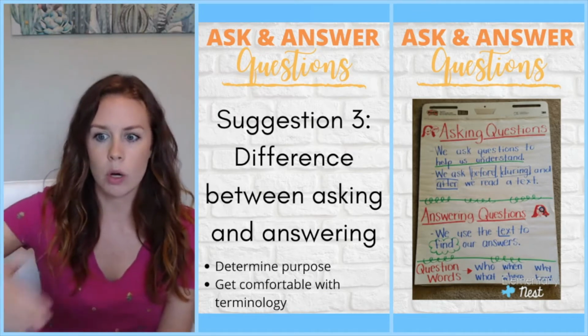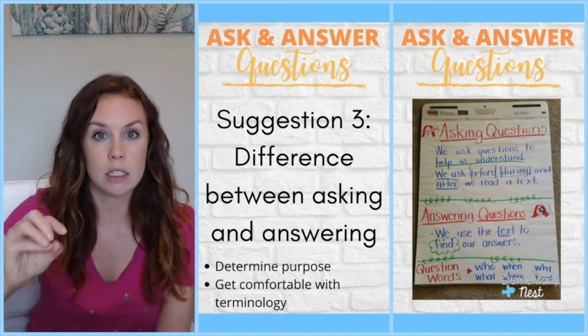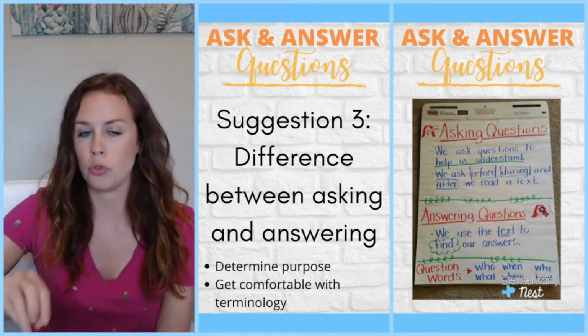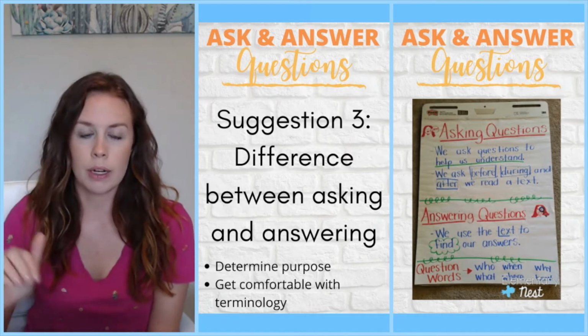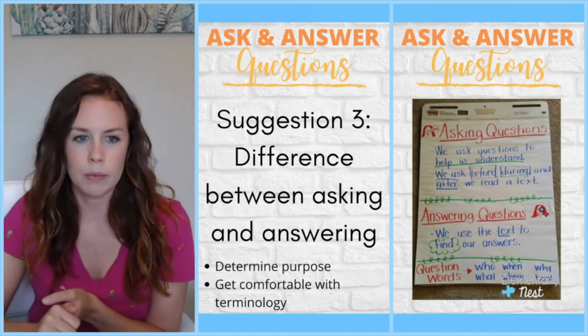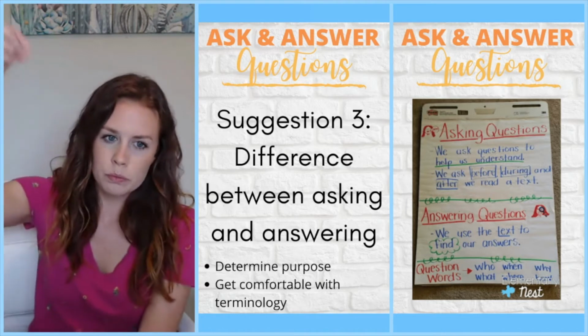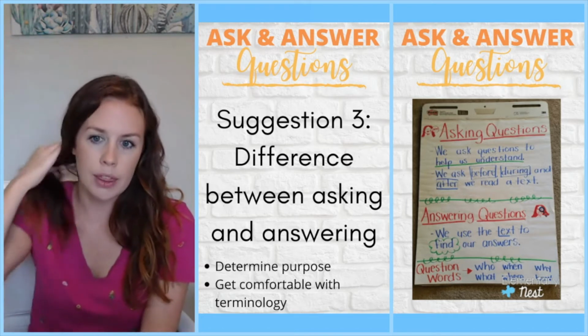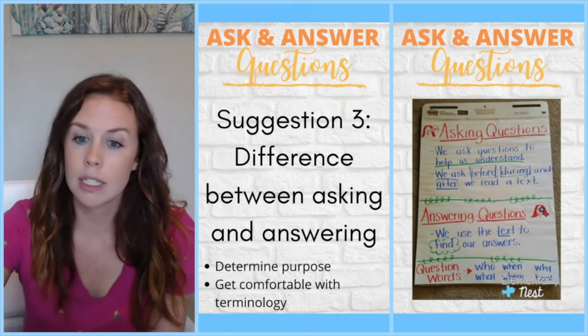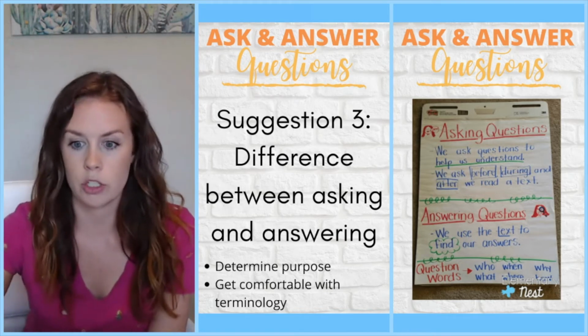And then as they grow and get a little more comfortable with this skill, they can move into explain, identify, describe, answer. I'm trying to think of other words that they're going to be asked to do with their text. So at the very beginning, you're simply teaching just those easy question words.